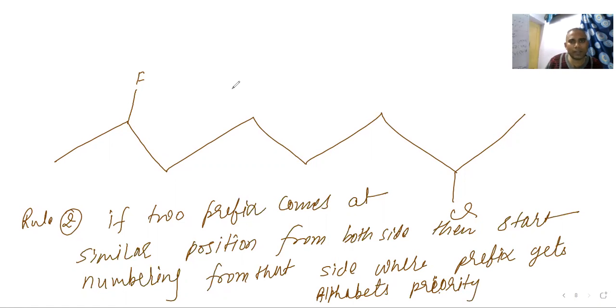If you count from the left side it is 1 and 2, and from the other side also 1 and 2. Alphabetically, which comes first, Cl or F? Cl. So we will start from this side.